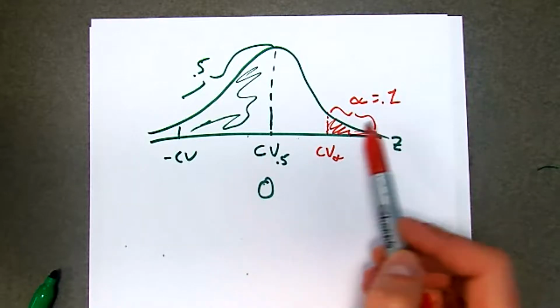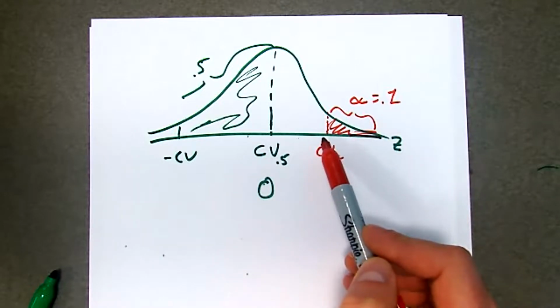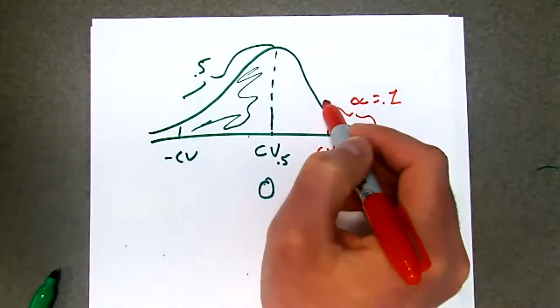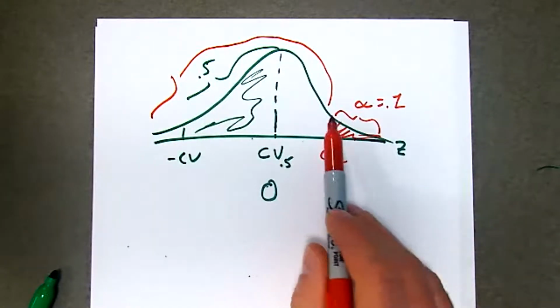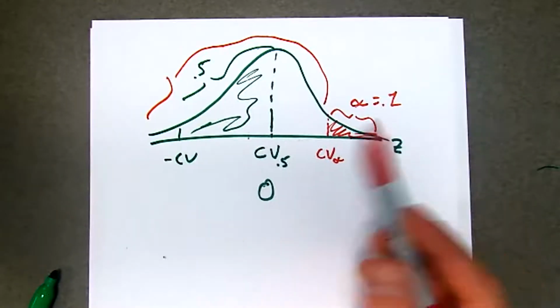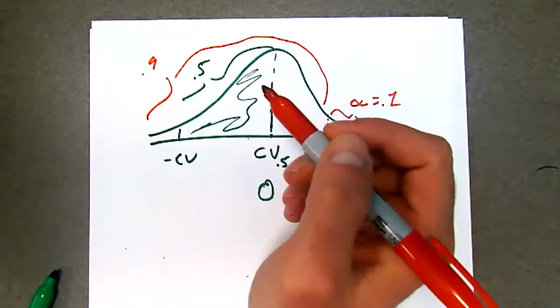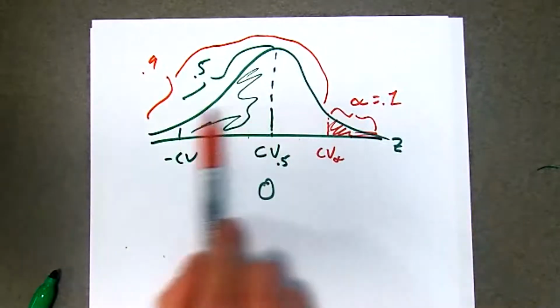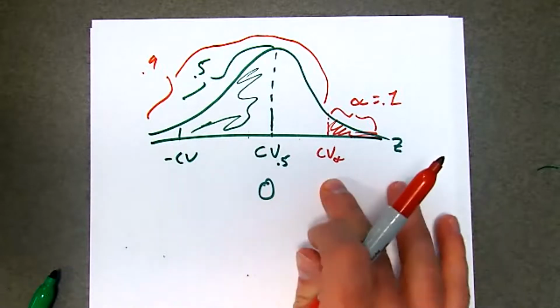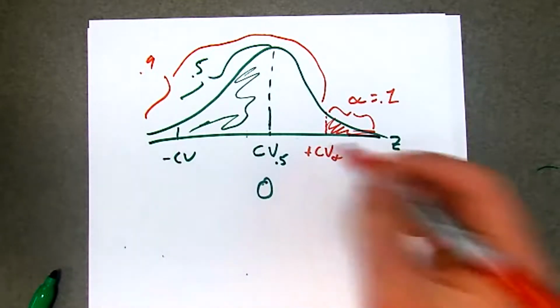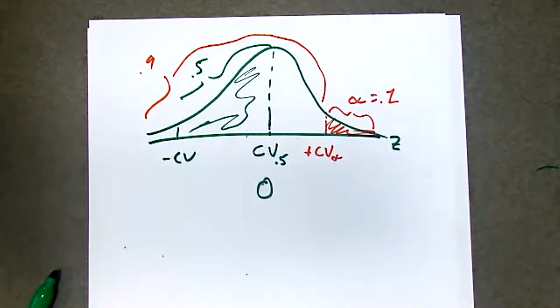Area in the curve is 1, so the area to the left would be, the area to the right here is 0.1. The area to the left has to be, yeah, 0.9, right? So in order to get 0.9 to the left, I'm going to have to be using a critical value that is above 0 or positive.